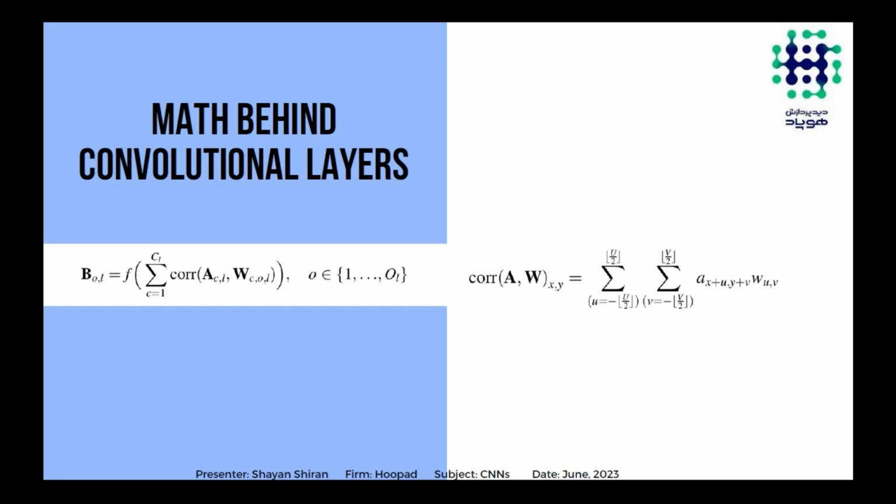And this is the formula behind the convolutional layers. This formula was mentioned in the paper Deeper Things.